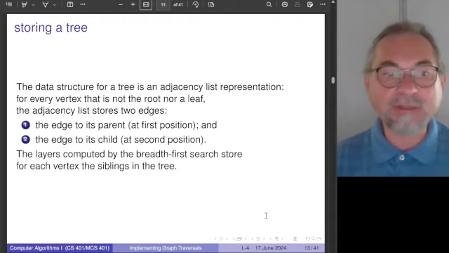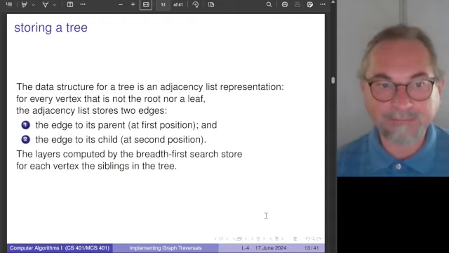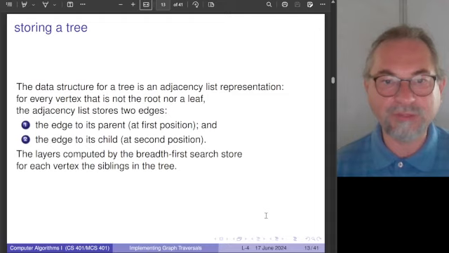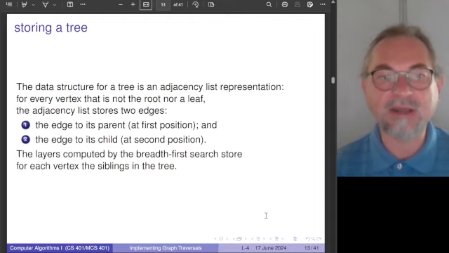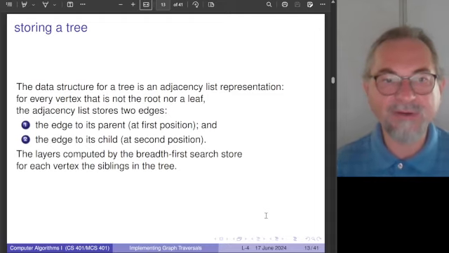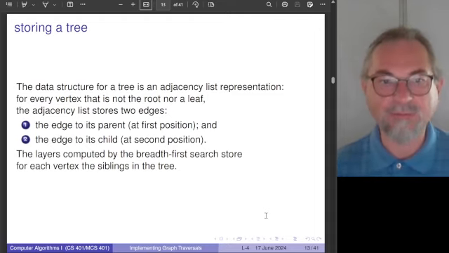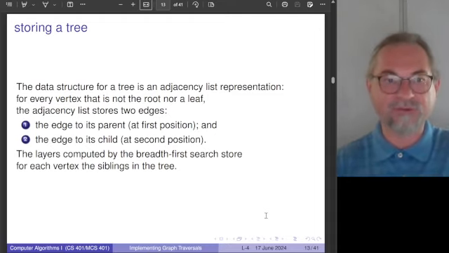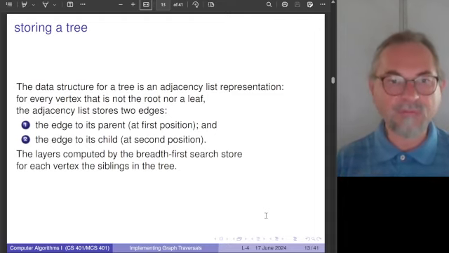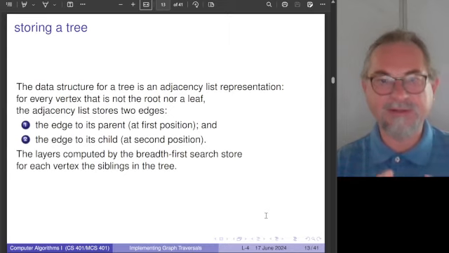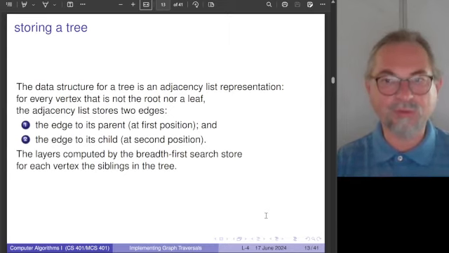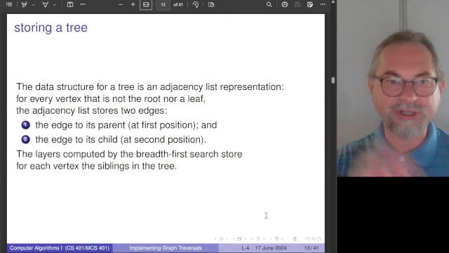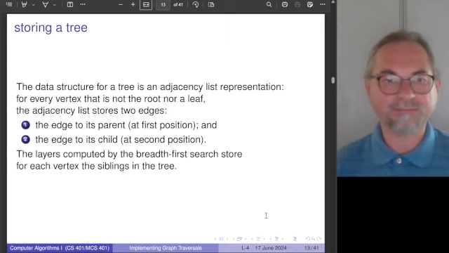Okay, how do we store this now? It is a tree, so we will use the adjacency list representation. So every vertex will be stored. We will have an array first, and for every vertex, we will store the vertices that are adjacent to it.